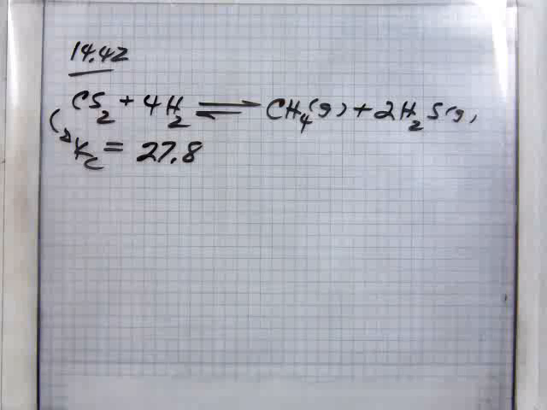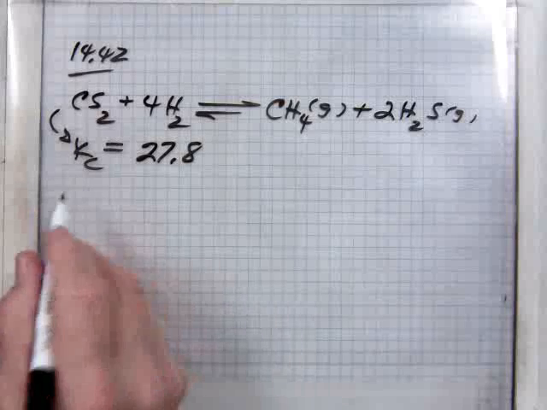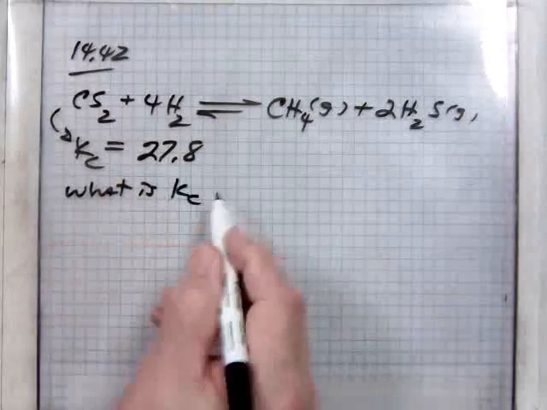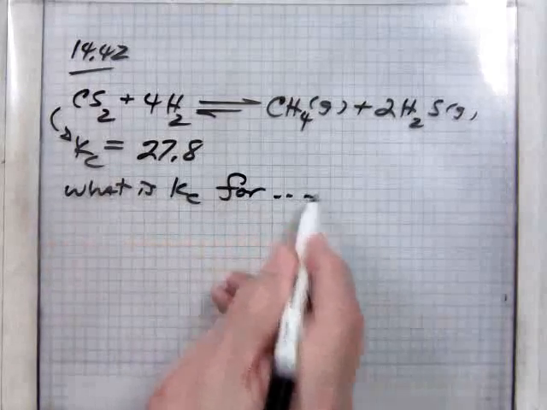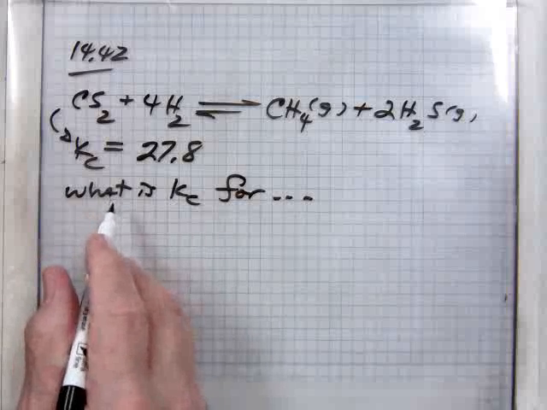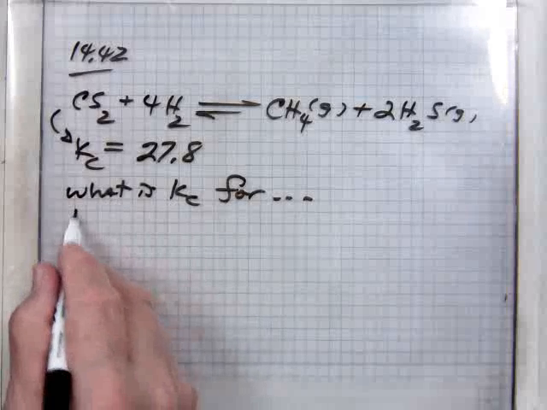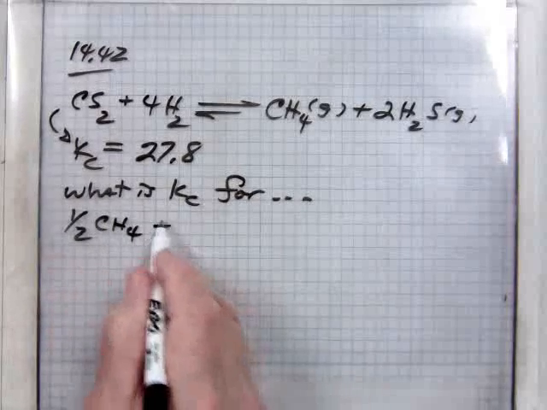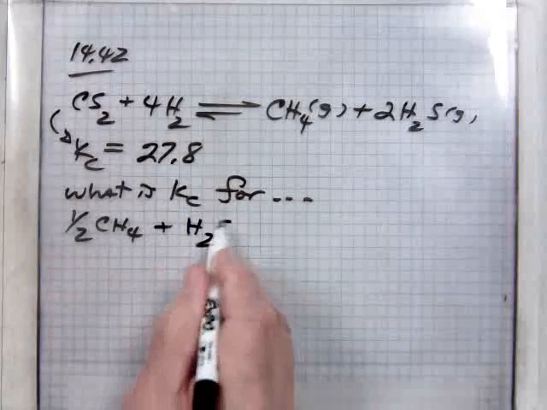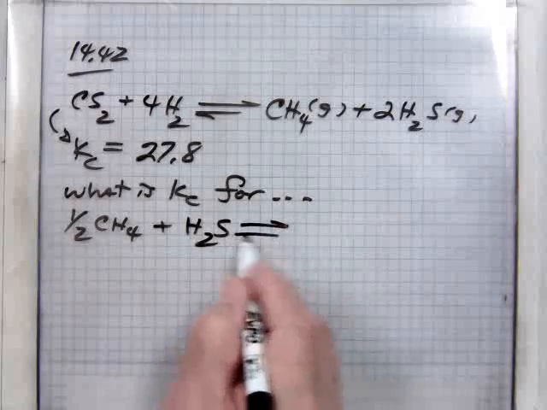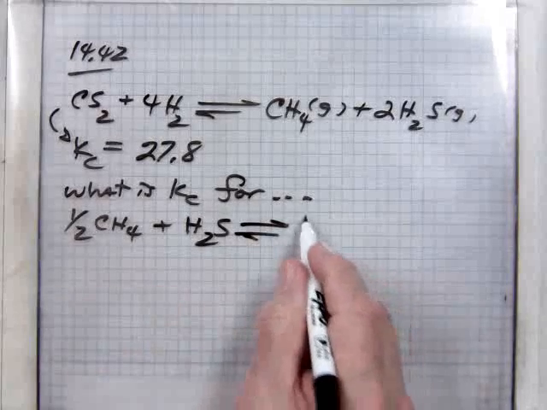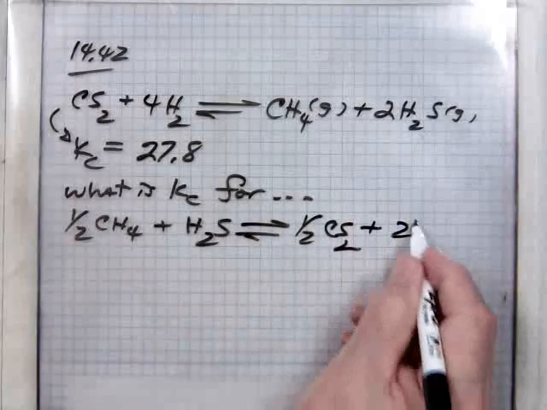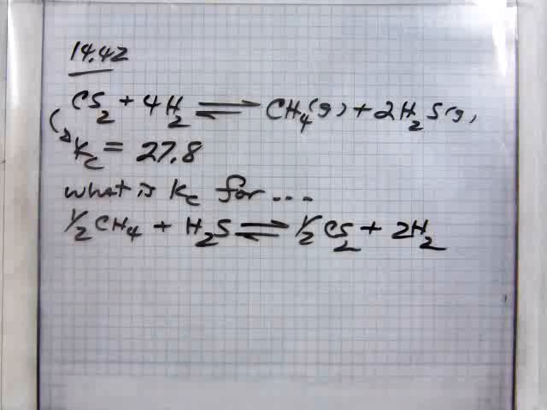What is the Kc for this? So we have half of CH4 and H2S in equilibrium with half of CS2 and 2H2, all gas phase.